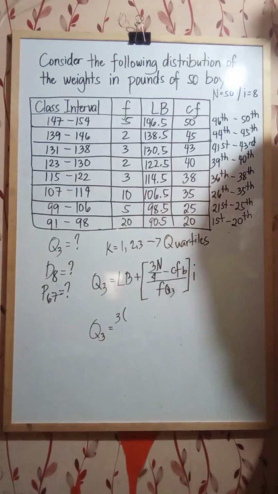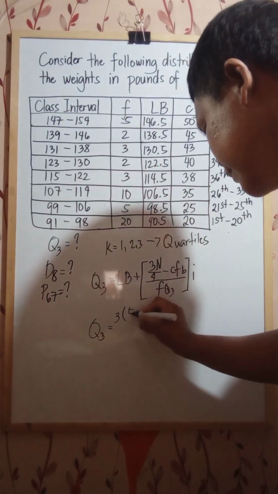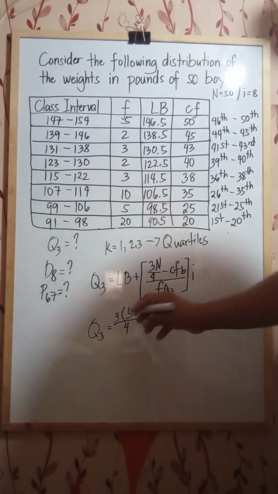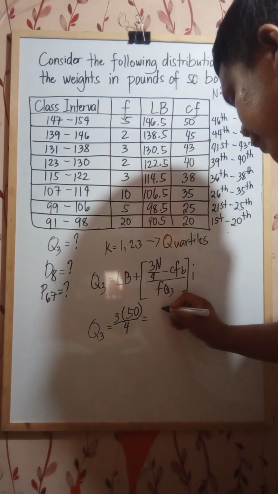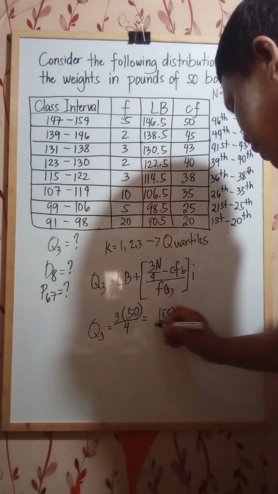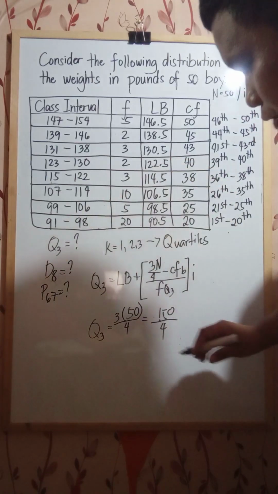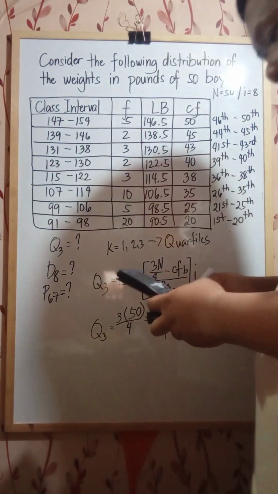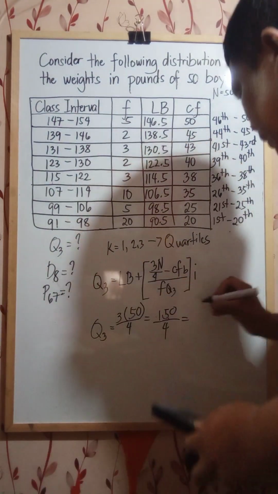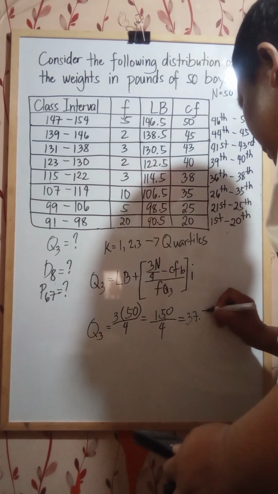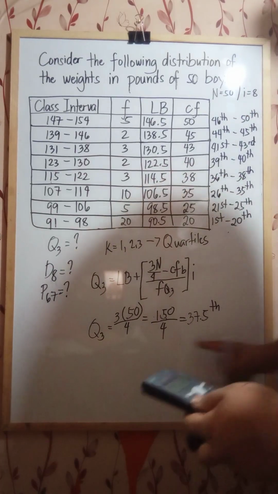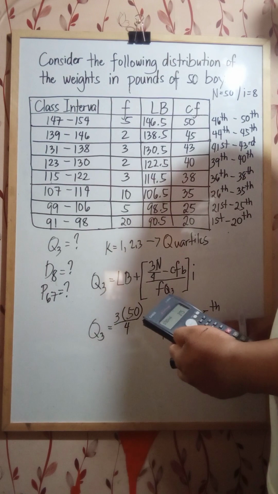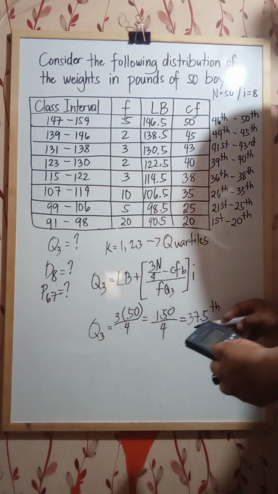So 3 times 50 over 4 equals 150 over 4. It is better to use a calculator. So 150 divided by 4 is 37.5. It means your third quartile is at the 37.5th place of your data. So we're going to locate where the 37.5 is.